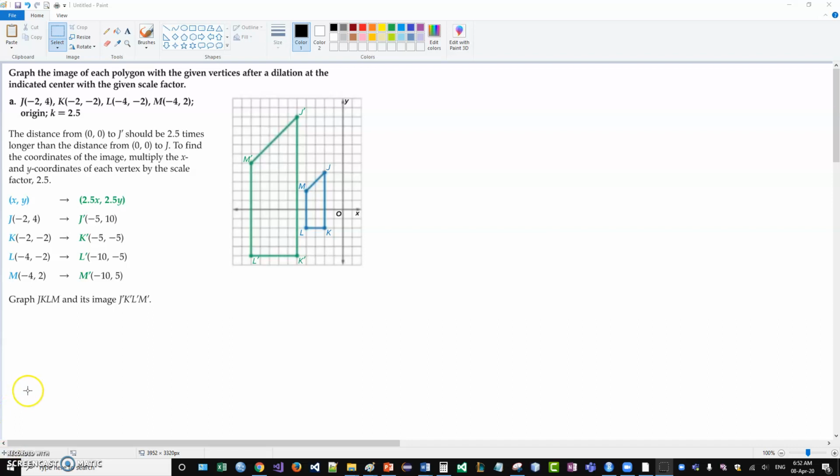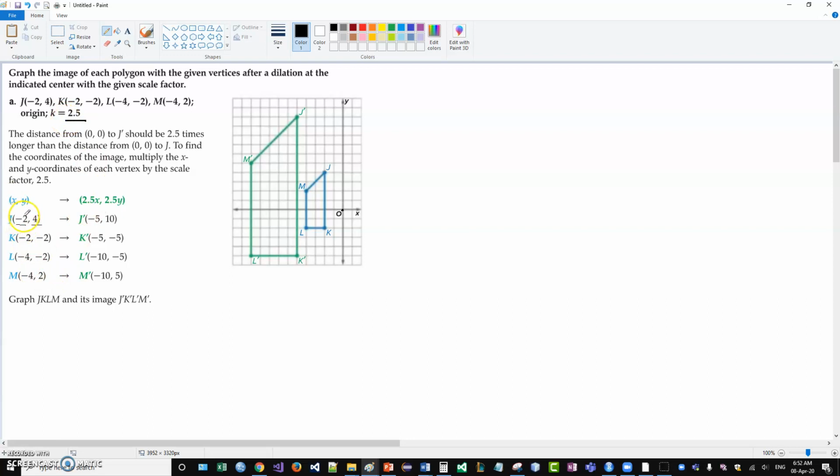Let's look at another example. We have this figure with 4 vertices and the center is at the origin right here. To find the coordinates of the new vertices of the dilated image, as we said, we have to multiply the coordinates by the scale factor. In this case the scale factor is 2.5.